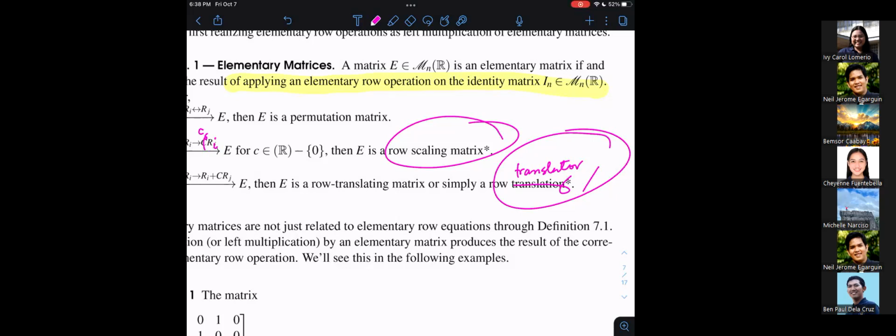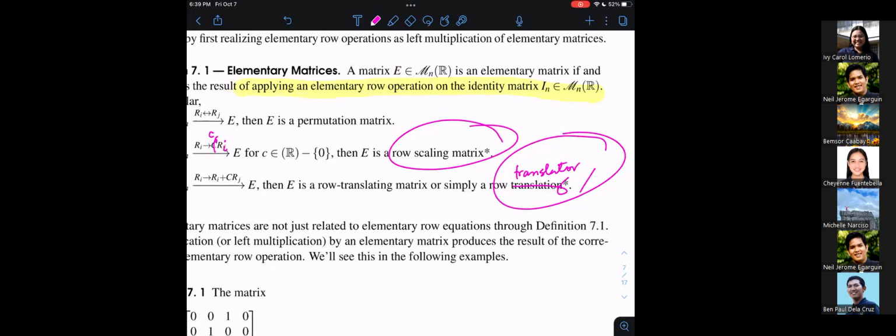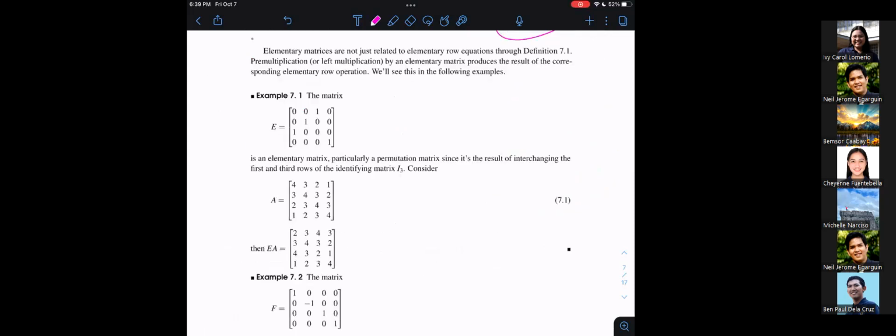So in summary, instead of talking about elementary row operations, because we are looking forward to implementing these algorithms in machines, gagamitin ko ay elementary matrices instead of elementary row operations. And basically what the following example will show us is that elementary row operations ay hindi lang basta-basta natin ginagawa lexicographically.